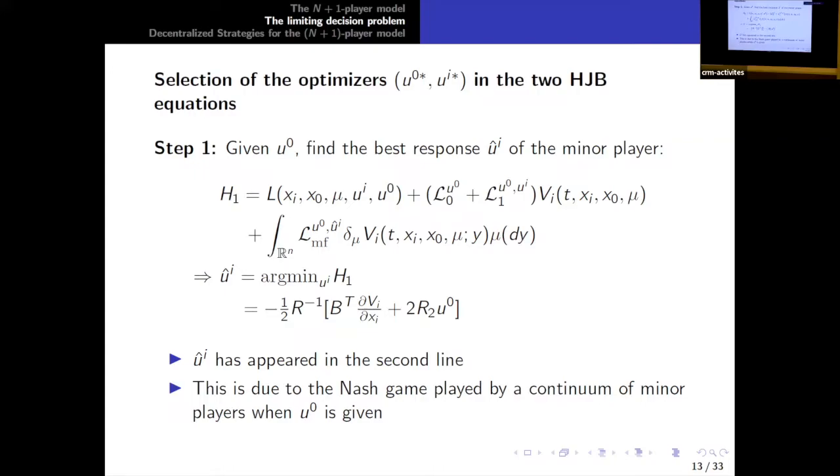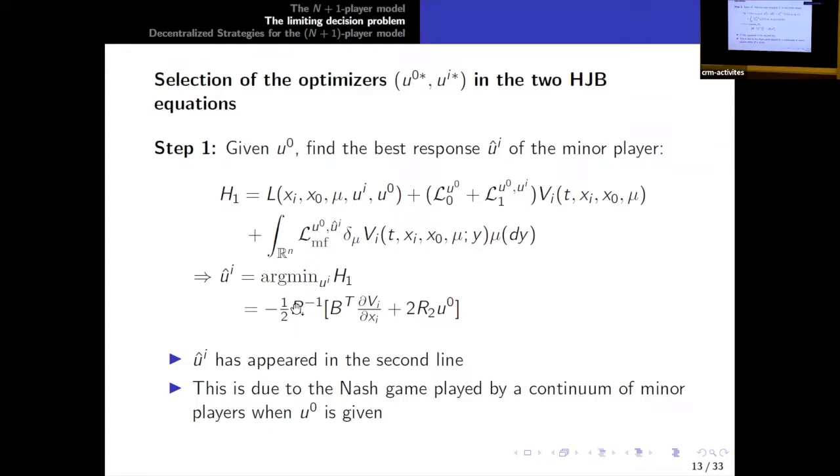For this reason, when we look for this single guy's response, we have already taken into account what all the other minor players are doing. So in the end we can get U hat here.